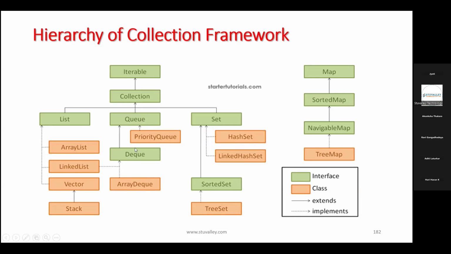Second is the Deque interface, which is an extended interface of the queue interface. Deque is also known as a double-ended queue. A queue has one head, and whatever operations you perform happen on a single opening.